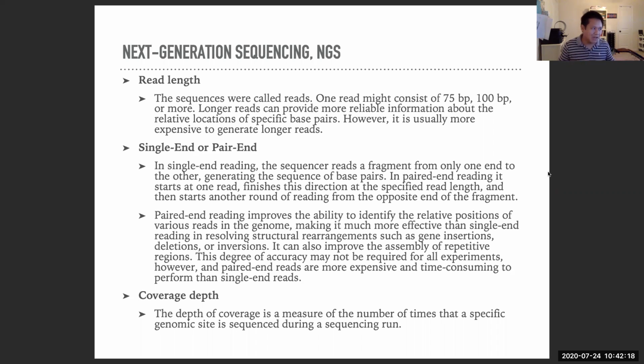Why do we need a higher coverage depth? Because the sequencer produces some random errors, so in some cases you're going to call some bases wrong. You have an A, but it's actually a G. But if you have 10 reads covering the same location, you will clearly see that, because the A won't show up 10 times. It will probably show up once as A and 9 times as G. So that gives you a clue that maybe the A is an error.